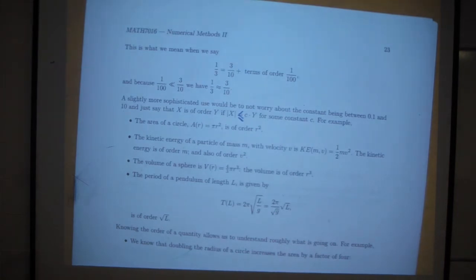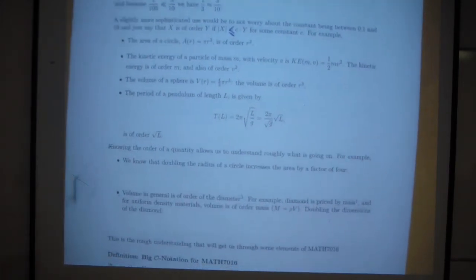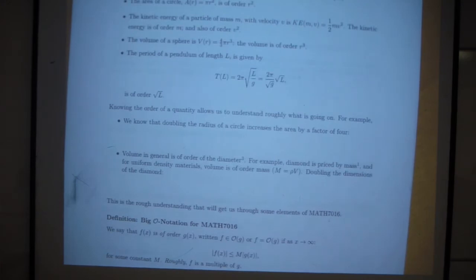So doubling the radius multiplies the area by 4. So you've got the scaling. We know that doubling the radius of a circle increases the area by a factor of 4.